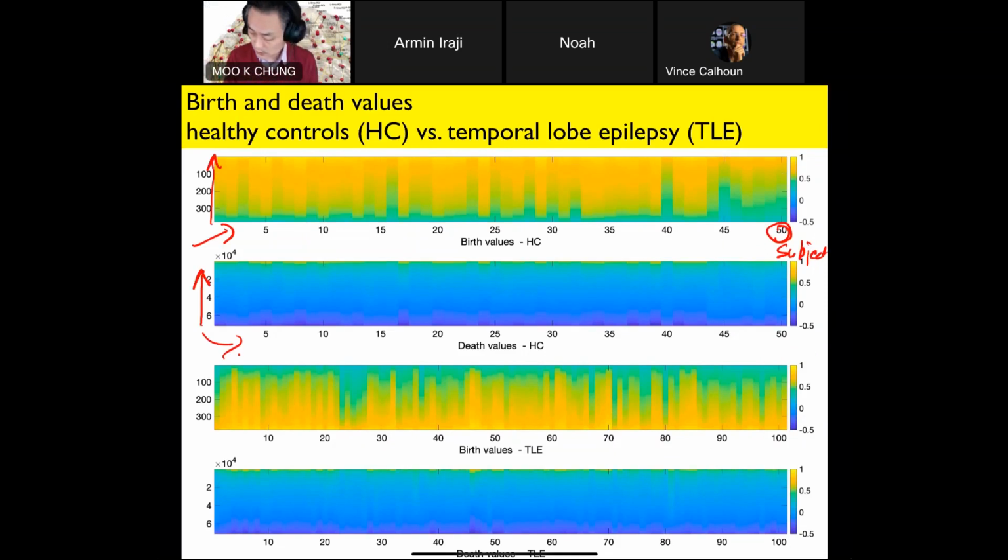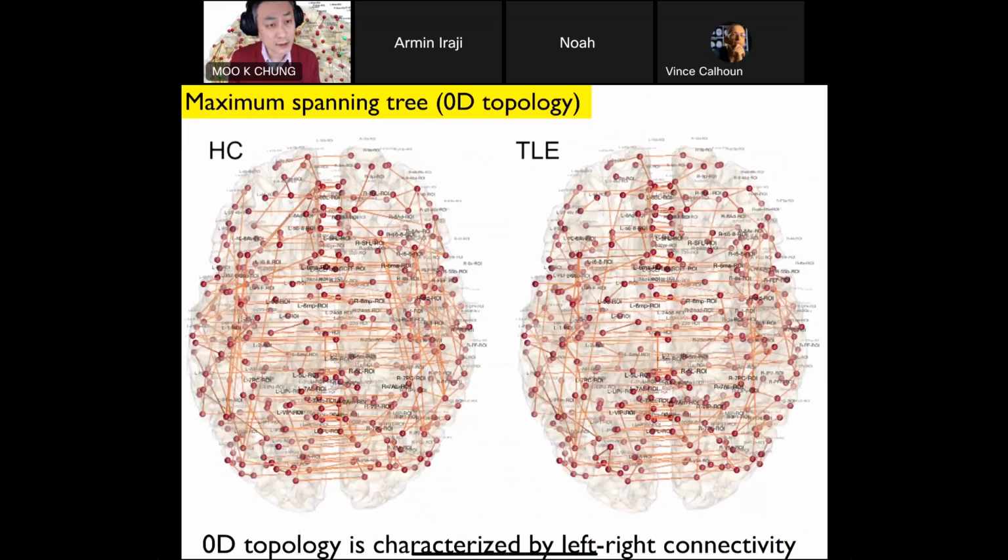So you can see that this is our input to the topological inputs. This is a maximal spanning tree of the healthy control and temporal lobe epilepsy. One thing you can obviously see is that it's basically captured by the left and right connectivity.